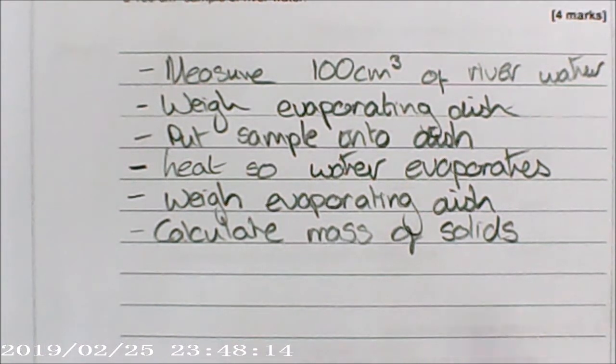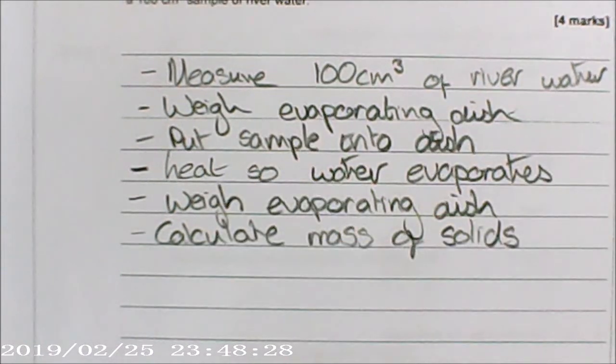And if you've got all of them, or you're just missing one of them, then that would be your full 4 marks. Okay, it does need to be in a logical sequence to be in the top marks, so 3 to 4 marks. You are free to bullet point if you're asked to do a method, so don't write it out like an English essay or anything like that, just short and concise.